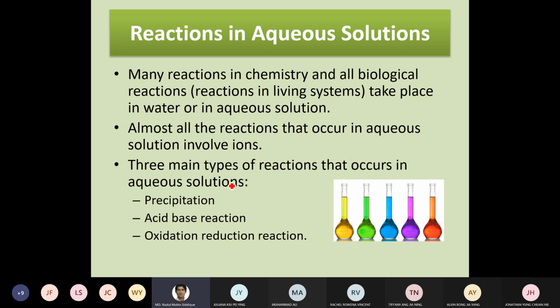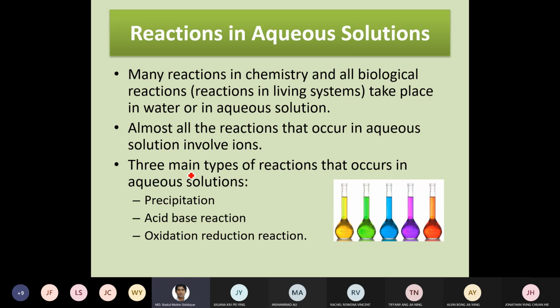In our body, there is more than 70% of water anyway. So when the reaction is occurring in our body in the water phase or solution phase, in a way or another, ions are involved in the reaction that is occurring.